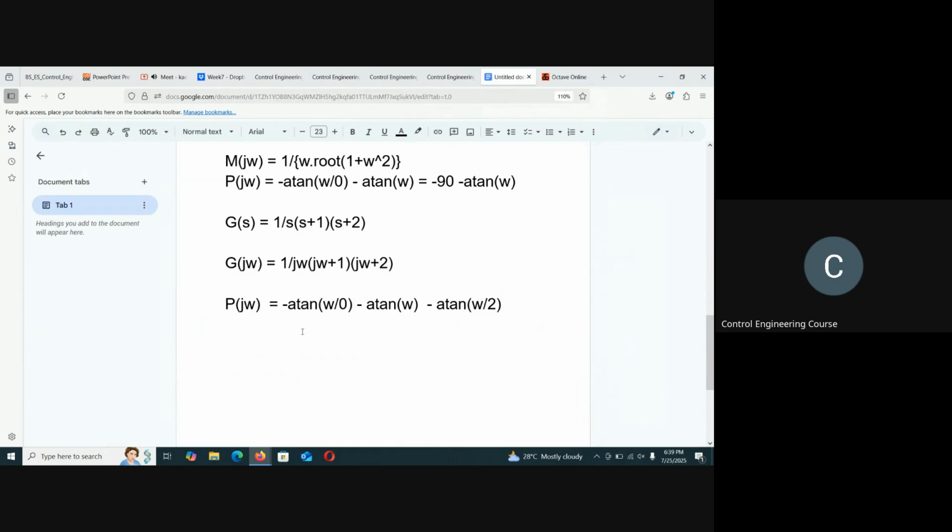So the phase starts at -90. If you simplify this, it starts at -90, and ends where? At omega equal to infinity, what happens? What is the phase at infinity?